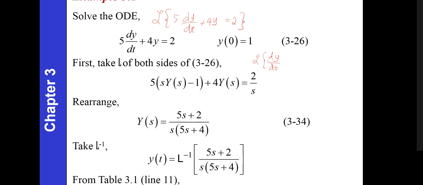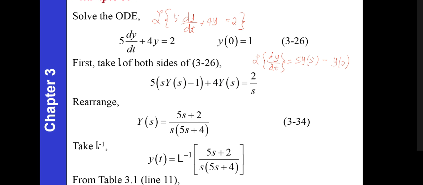So the Laplace transform of dy dt is equal to sY(s) minus y sub 0. Since y sub 0 has a value of 1, we have here minus 1.